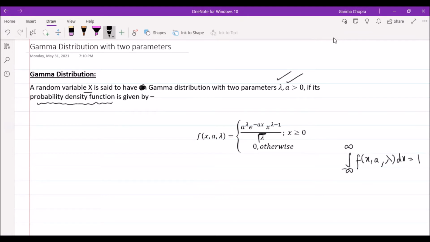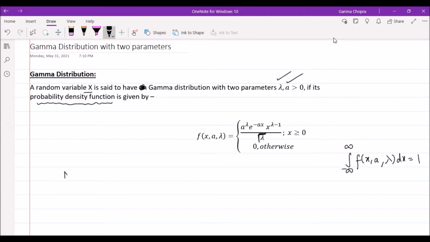When integrating this function, we will be using the concept of gamma function, and with its help we can very easily verify that this integral is 1.